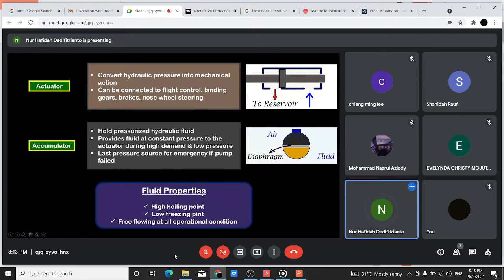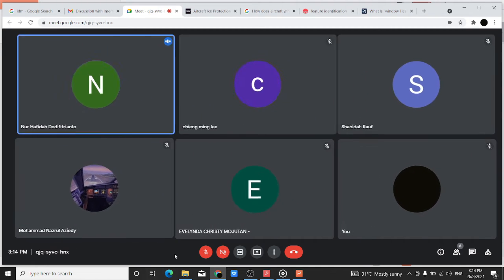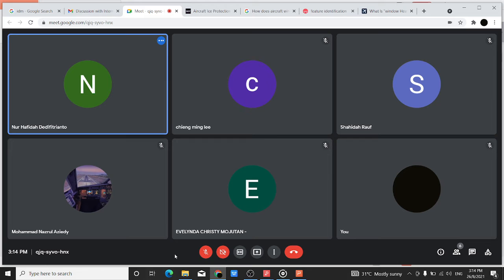Okay, so we stopped just now at the fluid properties. So for the properties of the fluid, we will require a fluid that has a high boiling point and also a low freezing point. Wait, this is the wrong slide.